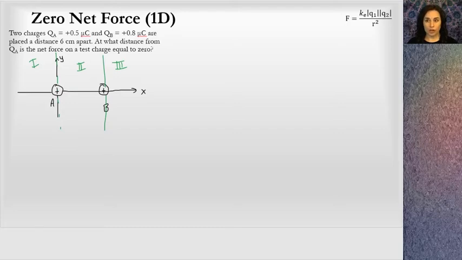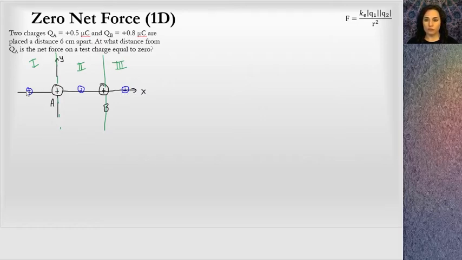But I will look at the direction of the vectors and get a better idea. So what I will do is put a positive test charge in each region and look at the forces.